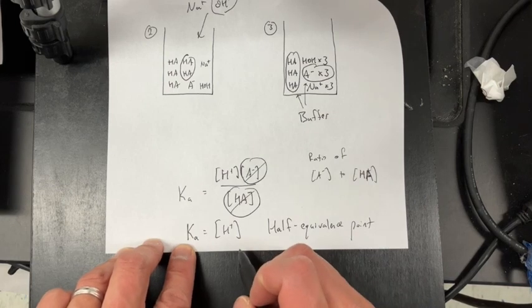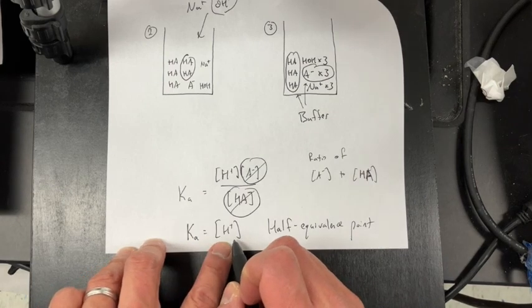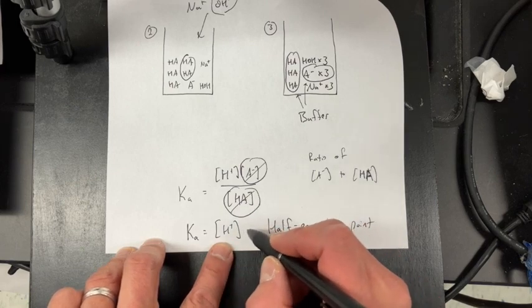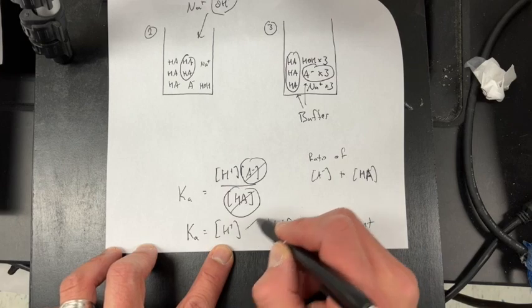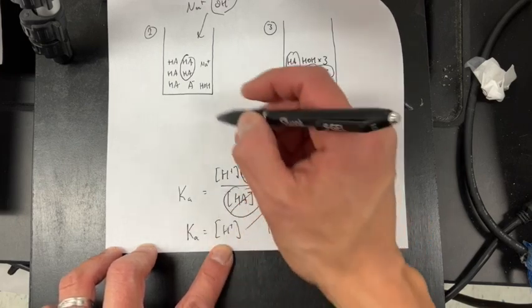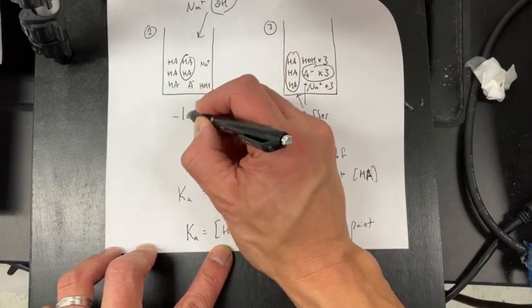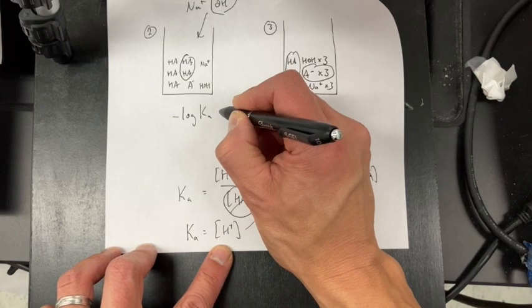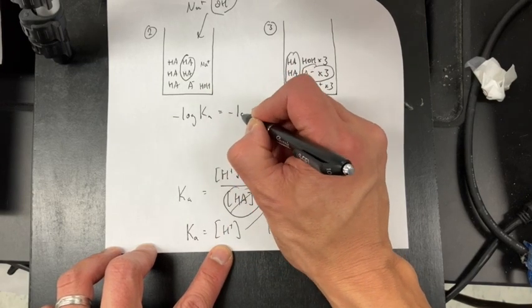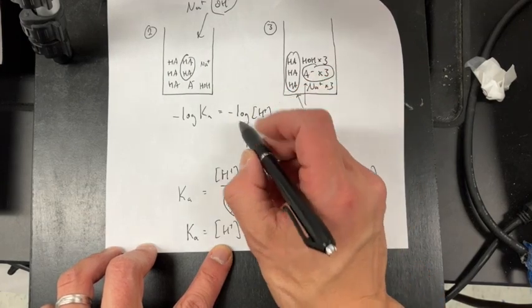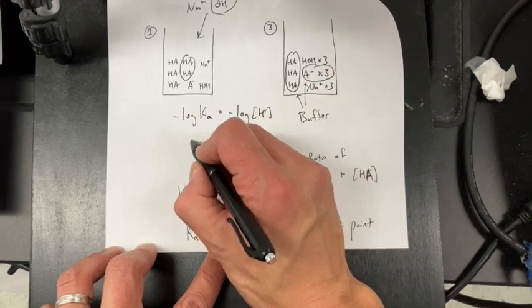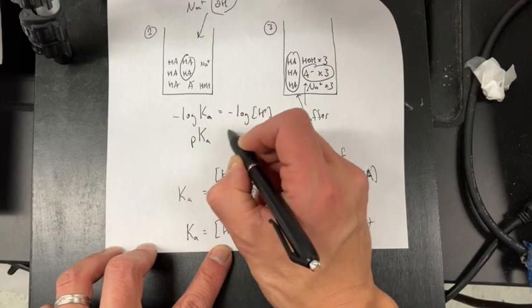So the Ka equals H plus. If I wanted to figure out what the Ka is, all I need to do is figure out what the H plus is. Or the same way, I can actually take these things. I'm running out of space here, so I'm gonna write it up here. And if I took the negative log of the Ka, that equals the negative log of H plus. And that is equal to what we call the pKa.